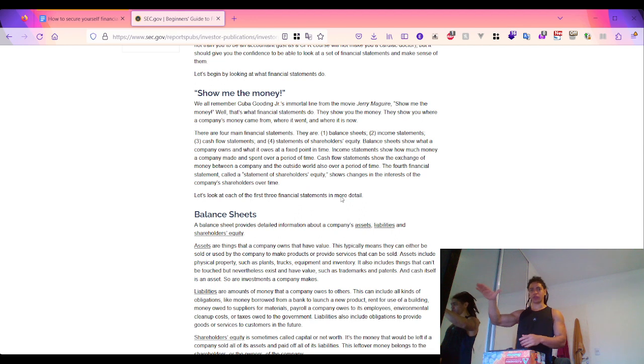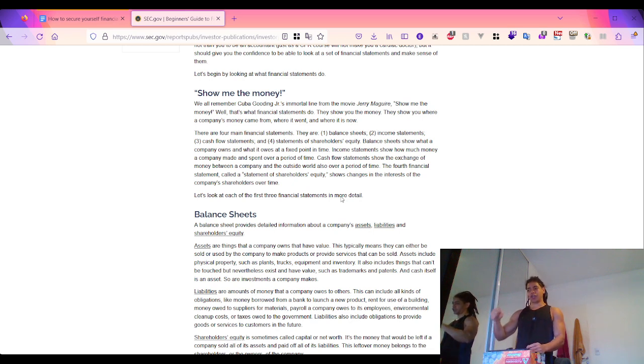And now you have to deduct the interest, whether a company asked for a loan and borrowed money, or whether a company lent money. And then the income tax.